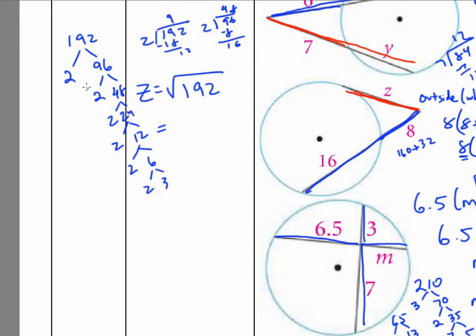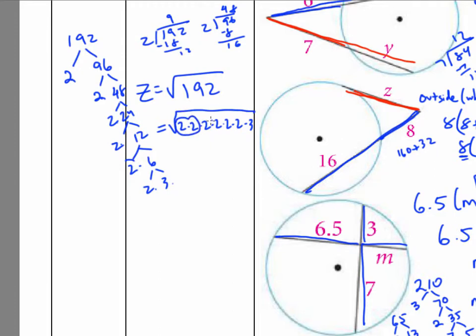So I've got 2 times 2 times 2 times 2 times 2 times 2 times 3. Wow. So really, I can imagine all these under my square root. I'll put 1, 2, 3, 4, 5, 6. 64 times 3, in other words.